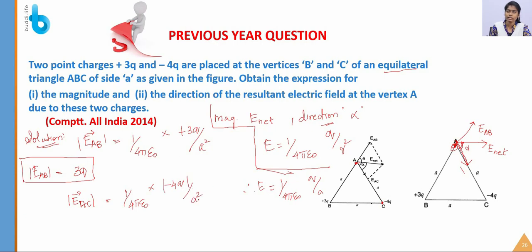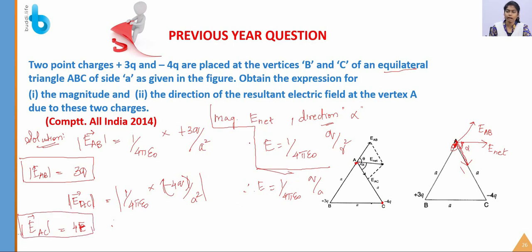So I am taking a modulus here, because I am having a modulus in the LHS also, so it is a bracket and here it is a modulus. Modulus of E vector AC is equal to same. If you substitute E is equal to 1 by 4 pi epsilon naught Q by A square in this formula, what is the resultant here? 4E. So this is the resultant of the E vector AC. I am boxing it.